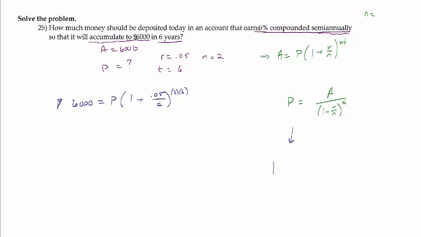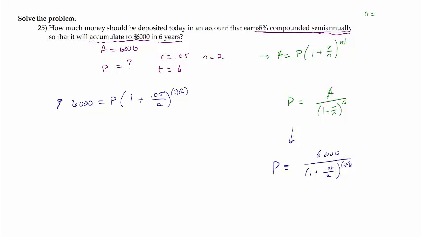If you use this formula, you'll have P, which we don't know, and then I have 6,000 all over 1 plus 0.05 over 2 raised to the 2 times 6. If you use the second formula, you need to crunch your numbers. I would definitely recommend working out your denominator first, and then you can take 6,000 divided by your answer.